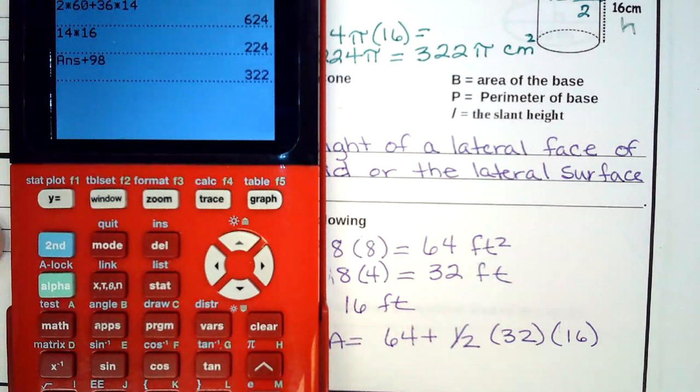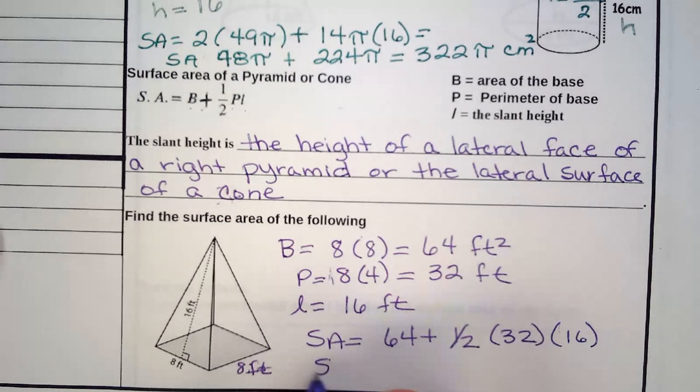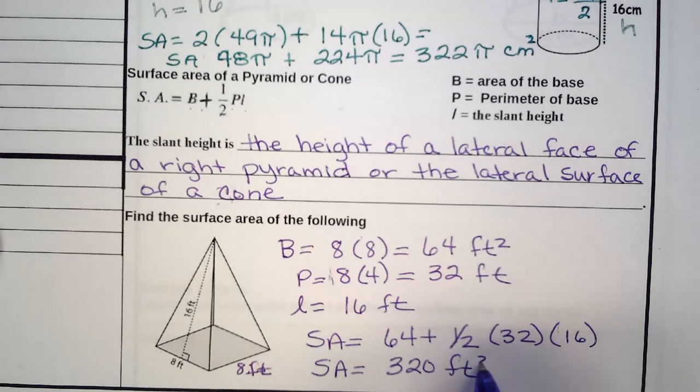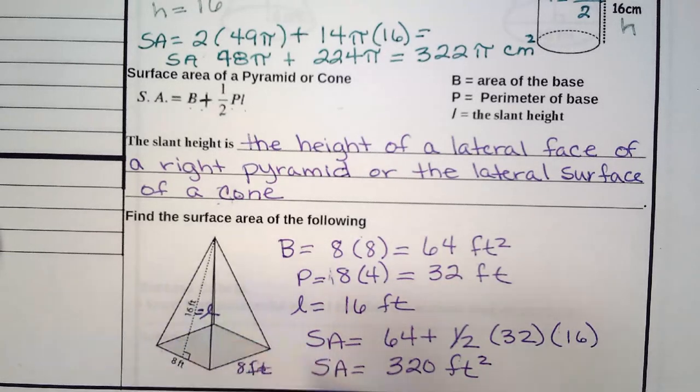So 64 plus 0.5 times 32 times 16. And you get 320. So the surface area is 320 feet squared. That is where the L is.